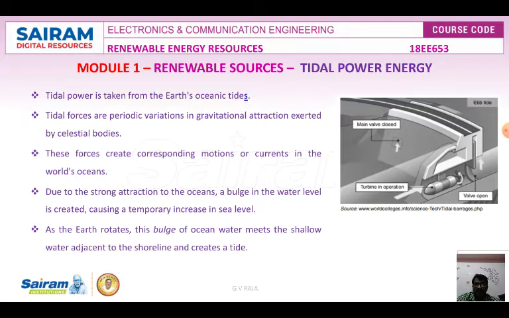The moon, which is closer than the sun, exerts the larger gravitational force on the earth. At that time the surface water is pulled away from the earth on the side facing the moon. At the same time, the solid earth is pulled away from the water on the opposite side.